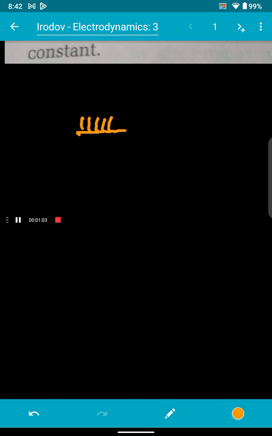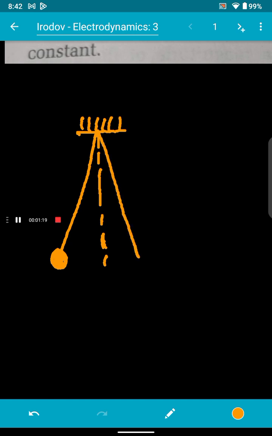So this is the ceiling, this is the vertical line, and this is one point, one charge, and here we have another charge.